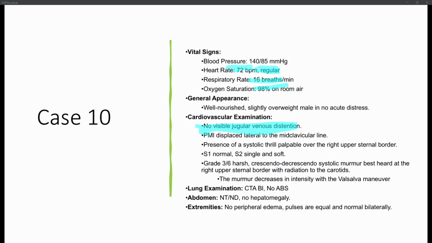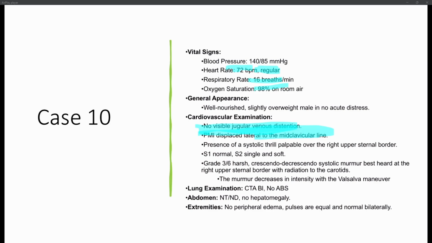So now we can get rid of pericarditis, we can get rid of right-sided heart failure because they don't have any JVD. PMI is displaced laterally. What would cause the PMI to be displaced laterally? Hypertrophy. So we know the heart is getting bigger because the PMI has gotten displaced.